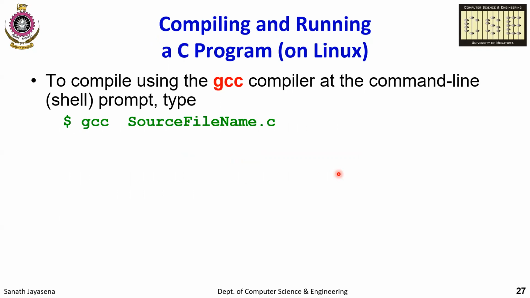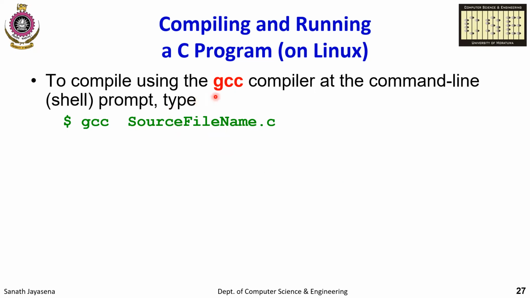So here's just again, for completeness' sake, how you would compile and run a C program on an operating system like Linux, where you do the command line thing. You go to what you call a terminal window, and in that you type commands.